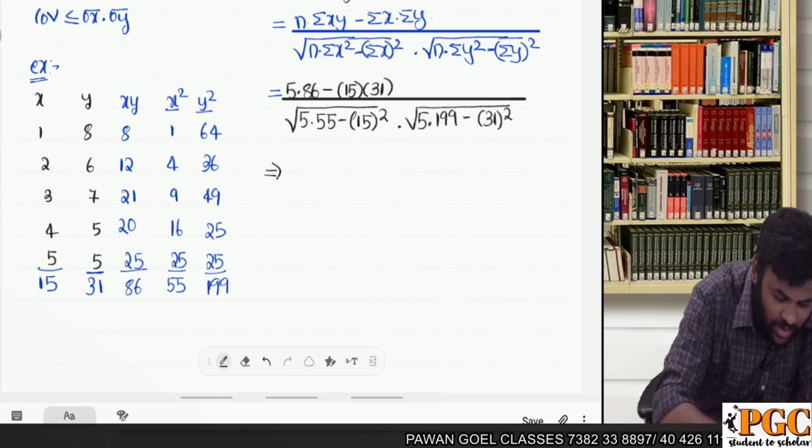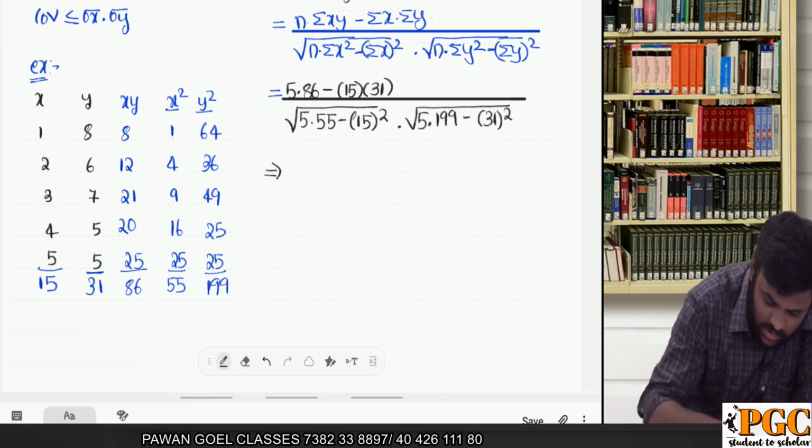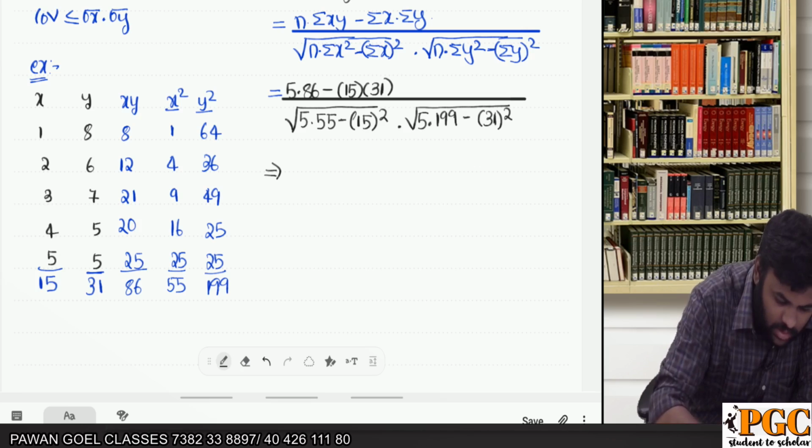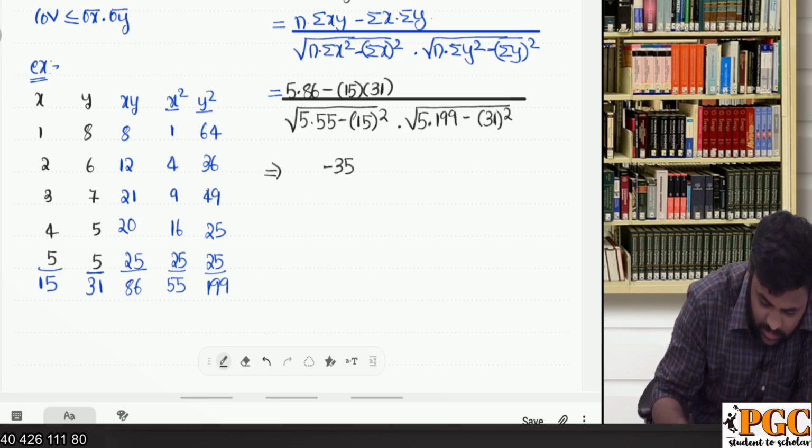Now 5 into, what is the numerator, my dear friends? 5 into 86 minus 15 into 31, which is supposed to be minus 35.